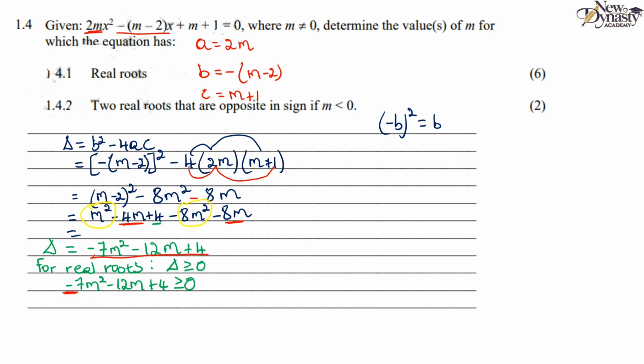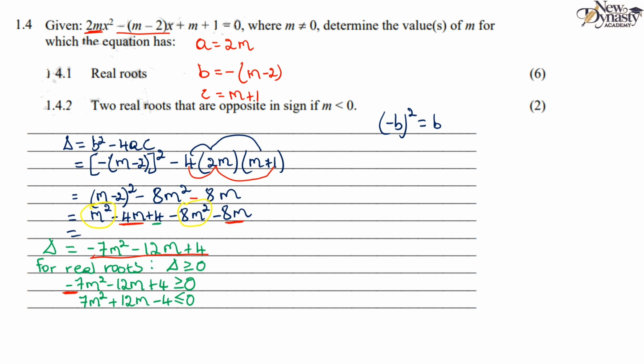How do we do that? We multiply by negative 1. After multiplying by negative 1, the first one is going to be positive 7m squared, because negative times negative is positive. And again here, negative times negative is positive, so we're going to have 12m, and we get negative 4 here. And remember that when you divide or multiply by a negative sign, the inequality sign has to change. So our inequality sign, which is greater or equal to, is going to change to less than or equal to 0.